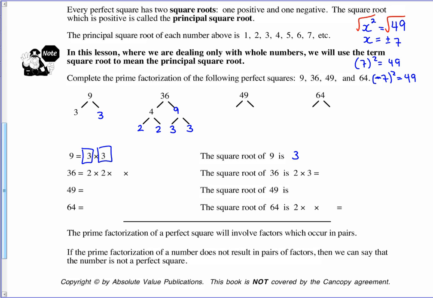So if 36 is 2 times 2 times 3 times 3, we can split that into 2 same groups: 2 times 3 and a 2 times 3. Everything can be split in half. Half the 2's go here, half the 2's here, half the 3's here. And so the square root of 36 would be 6, 2 times 3, one of them.